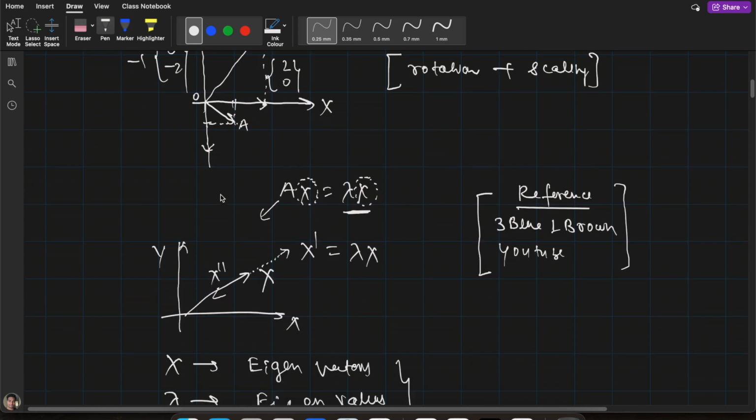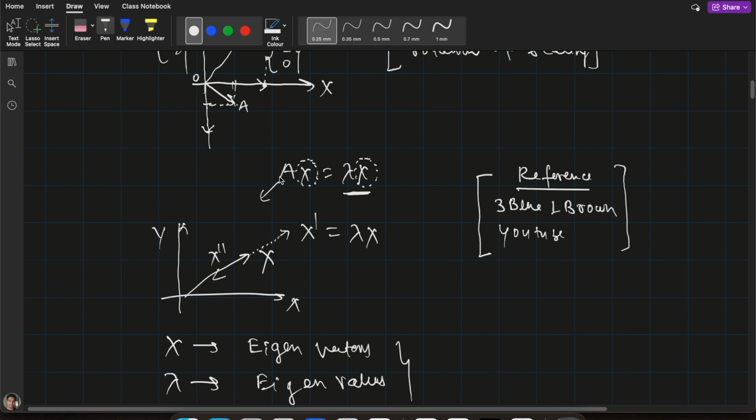Now I will talk about this thing. You can see the linear transformation A on X, and I want such an operation that I will get the same X but scaled by lambda. Earlier, if I have a vector OX, then I need some linear transformation such that the direction will remain the same but it will just be scaled by lambda times.